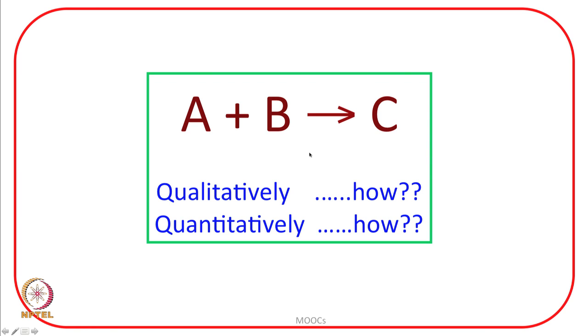If I know the equilibrium constant, I can immediately get the change in standard Gibbs free energy. And if I know the heat, and if I know delta G naught, I can calculate delta S naught.